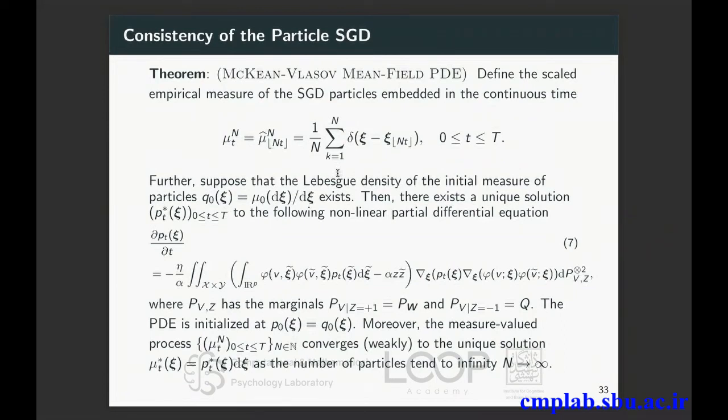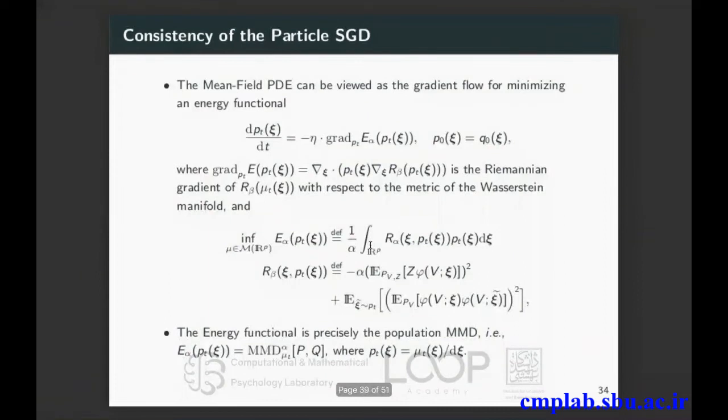Remember, I had some distributional optimization, but I didn't optimize over the distribution, I optimized over the samples, and I use an algorithm to optimize the samples. What this theorem says is that if I have enough samples, this SGD algorithm actually minimizes the objective function over the distribution.